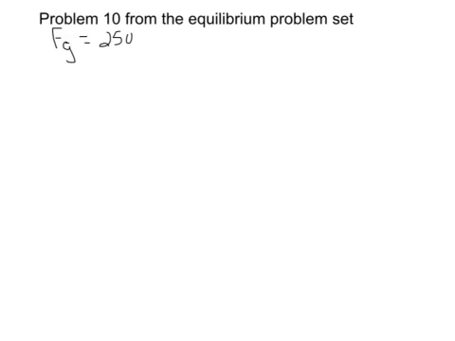So I know that Kang has a weight, which is his force due to gravity, of 250 newtons. And then we also know that Kang is on a 30-degree hill.